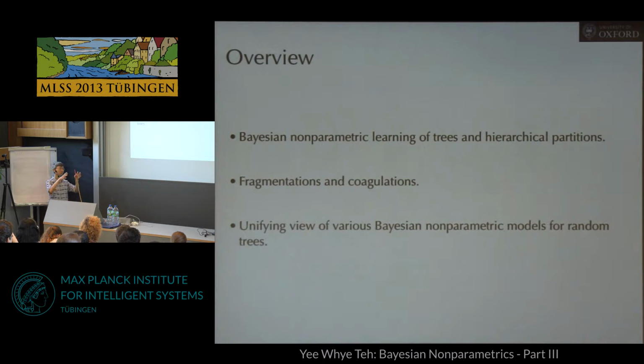So you want to organize your knowledge into some sort of hierarchy. And so we'd like to learn these hierarchies or trees using some Bayesian nonparametric model. The two basic ways in which we could construct hierarchies are fragmentations and coagulations. And I think this gives a very nice unifying view of various Bayesian nonparametric models that already exist for random trees.